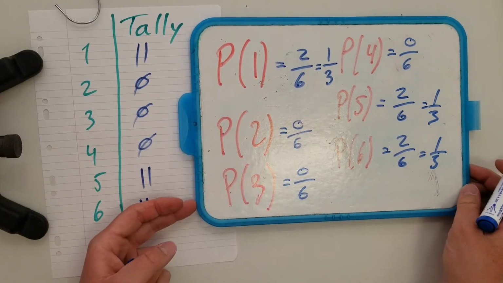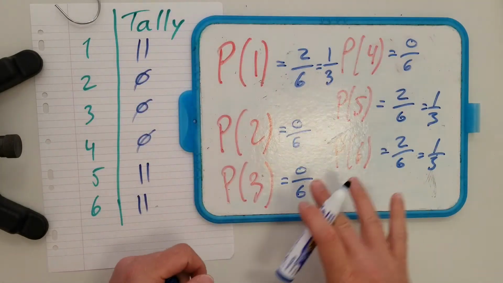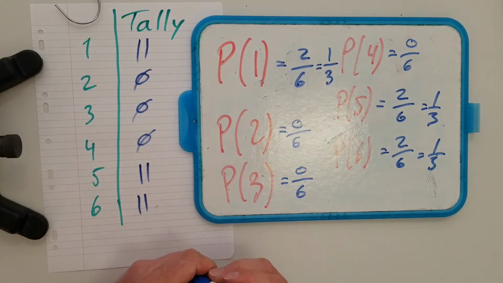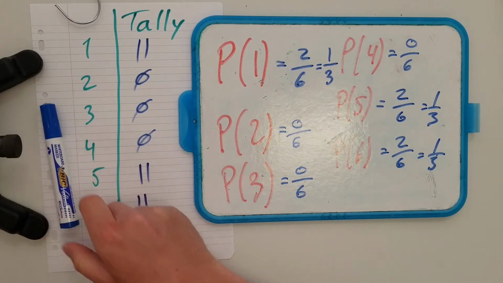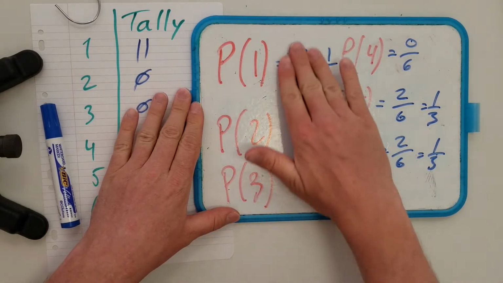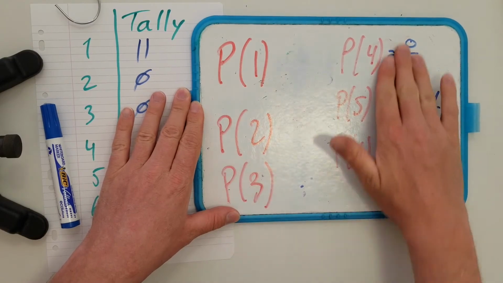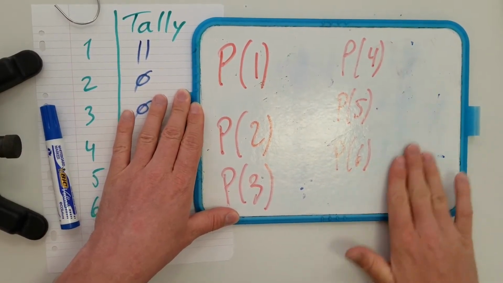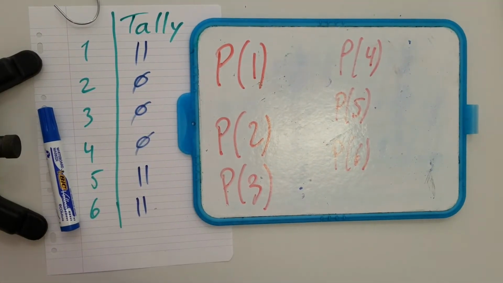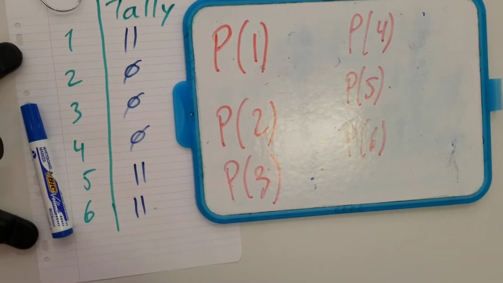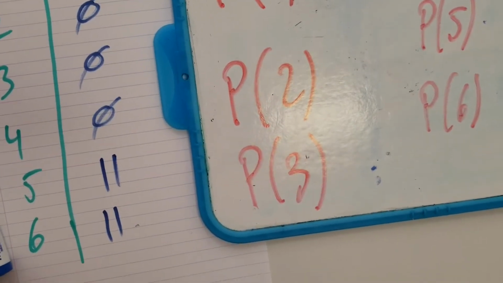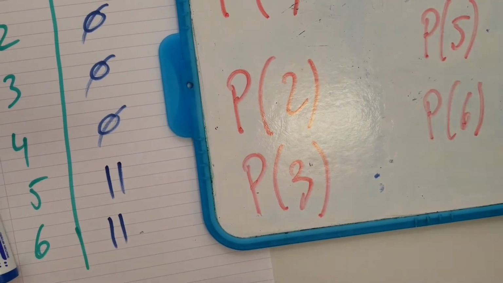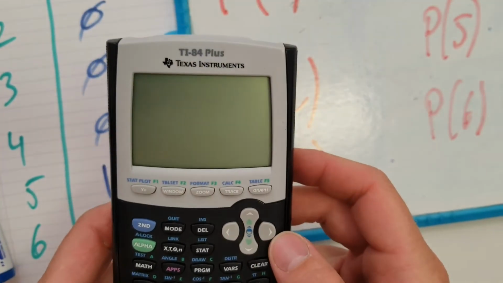Okay, so that's the example here if I just roll the dice 6 times. But what if I were to do an experiment where I roll it like 100 times? I'm not going to do that because it's going to take forever. So I have some super old technology that's going to do that for me. So I'm just going to move this down so you can see the calculator a bit more closely. Okay, so here's a calculator.